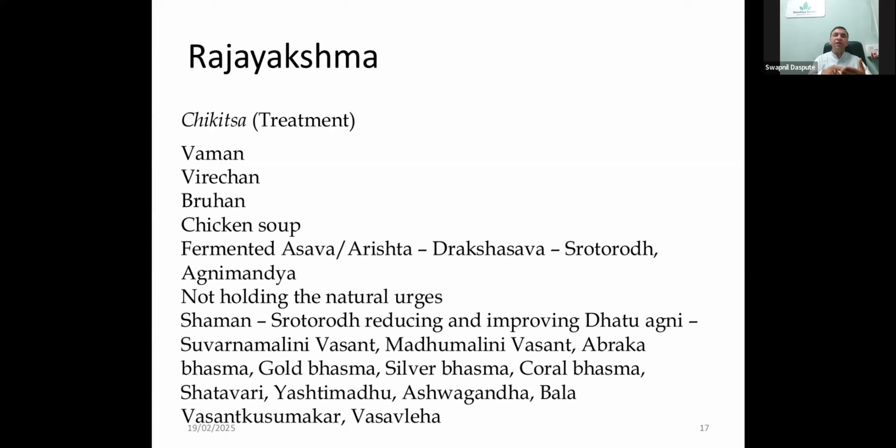So Vamana will be given when there is an excess of kapha symptoms seen in the chest region. At that time Vamana can be administered. Virechana should be given very mindfully, considering the strength of the patient first. And even if Virechana is given, it has to be a mild laxative, mild Virechana only.